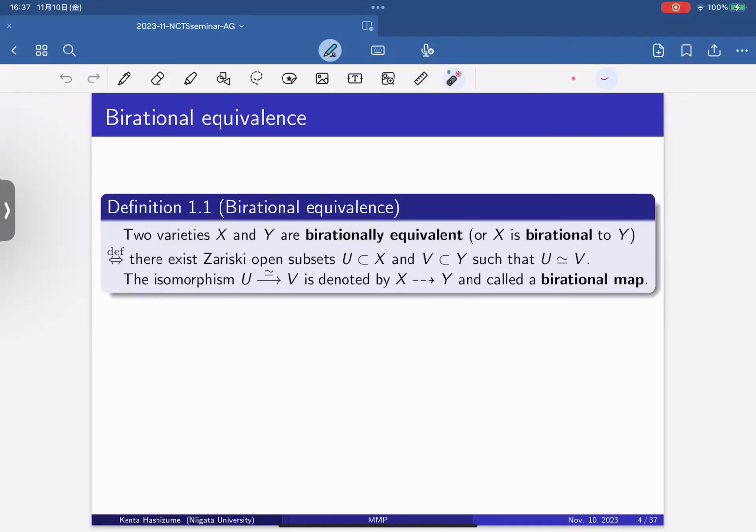Two algebraic varieties X and Y are birationally equivalent if there exist Zariski open subsets U and V such that U is isomorphic to V. And this isomorphism is denoted by a dotted arrow, and this is called a birational map.